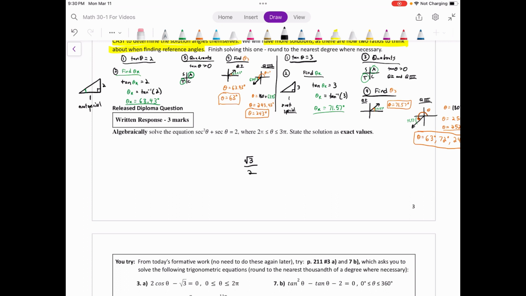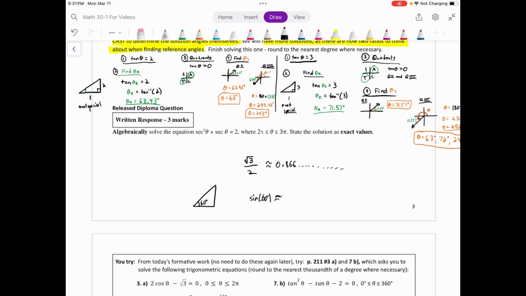Do you know what your calculator is going to say if you plug that in? It's going to say 0.866 and then a bunch of stuff. But root 3 is an irrational number. It never ends. And so you're going to have to round that eventually. Okay, it is not an exact value. Now, again, same thing happens if you were to say sine of 60, right? If you were to take 60 degrees and do sine of 60 on your calculator, what's it going to say?